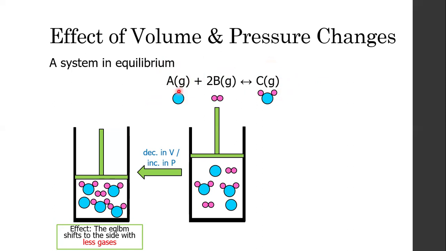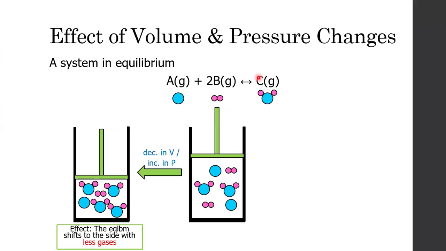The left side has 1 plus 2, so you have 3 moles of gases in total, whereas the right side, the product side, has just one gas molecule.